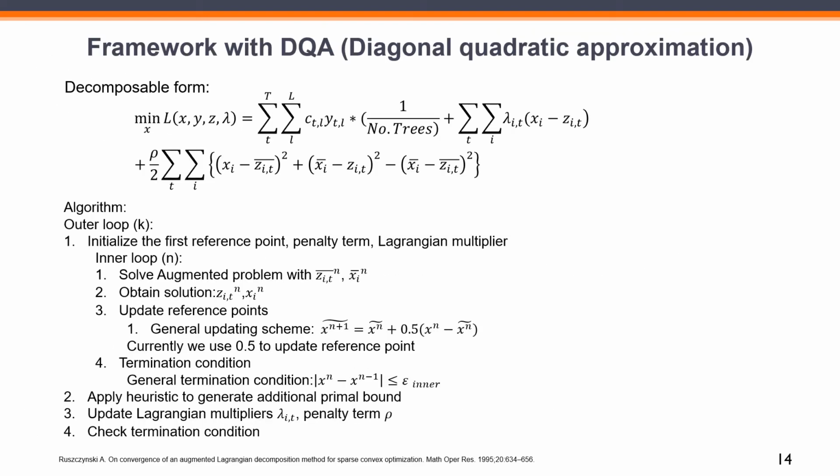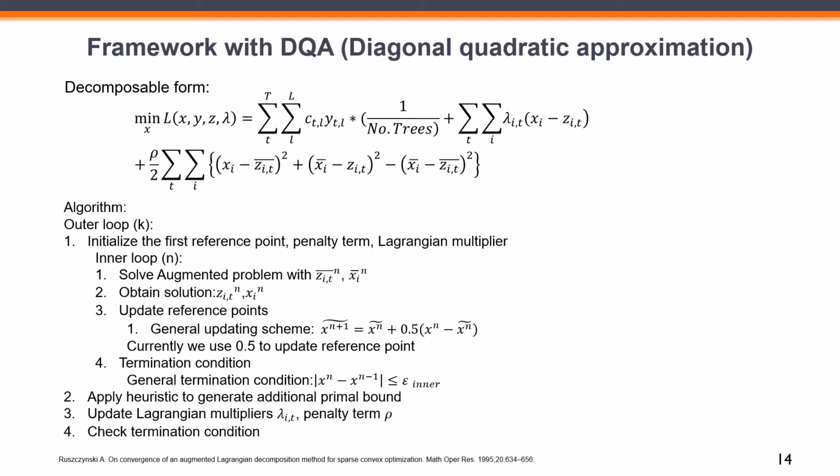And next, we use the diagonal quadratic approximation to make the nonlinear term separable. Different from progressive hedging, which uses the average power to make the convergence and make the nonlinear term separable, the diagonal quadratic approximation uses a reference point and a Taylor series expansion to approximate the nonlinear term, and uses a linear loop to make the reference point converge.